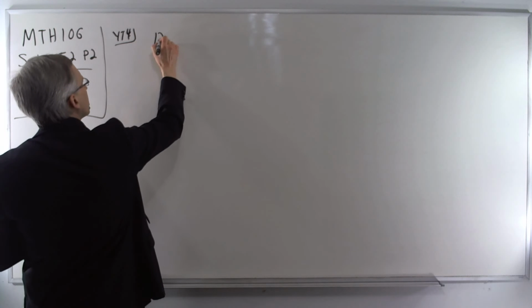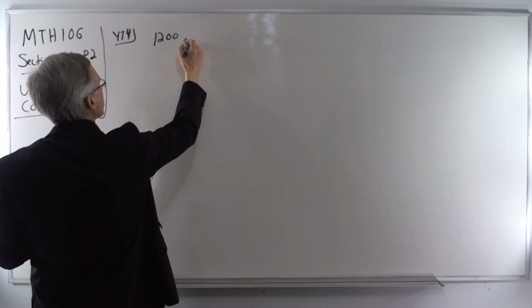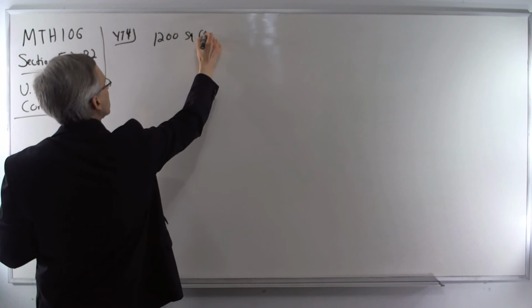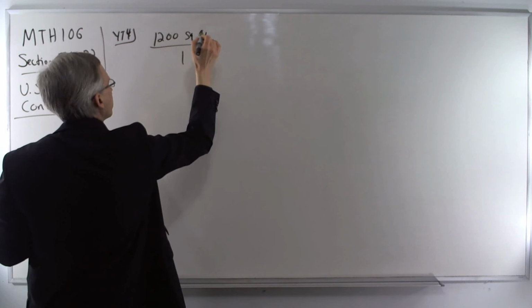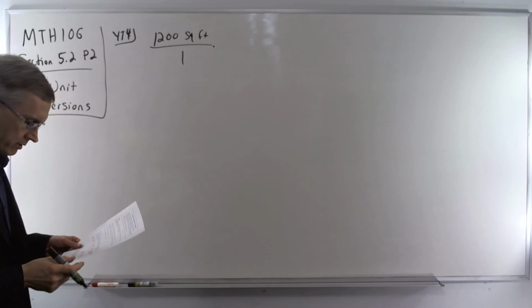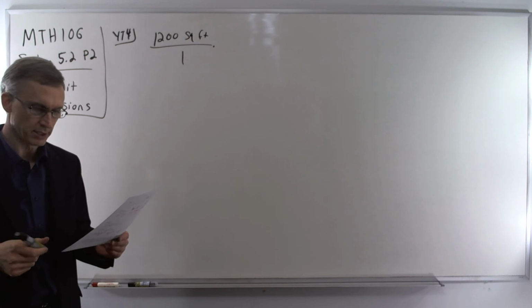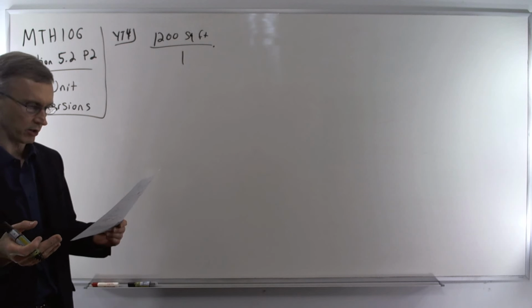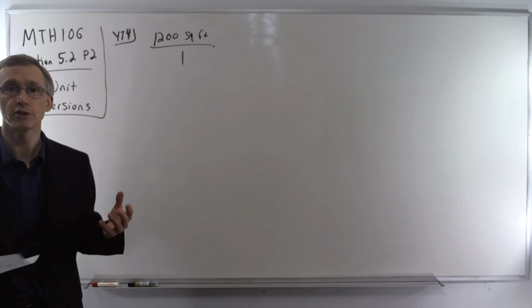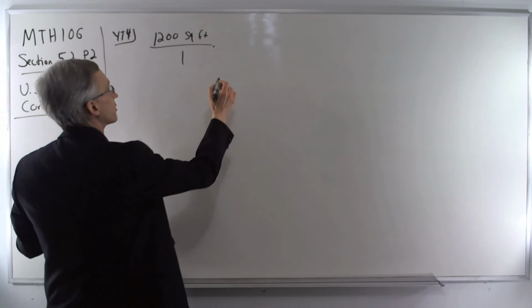Starting with the starting quantity, 1,200 square feet over 1. However, the rate given in the problem, the conversion factor, is $21 per square yard. And we have square feet. So first thing you need to do is convert square feet to square yard.